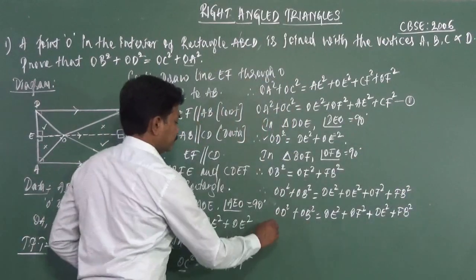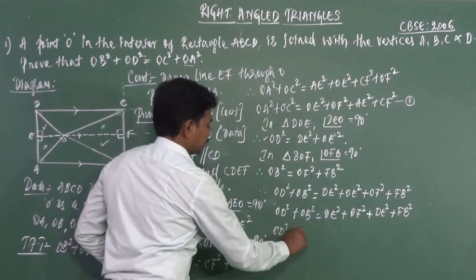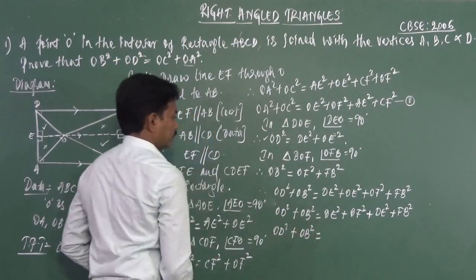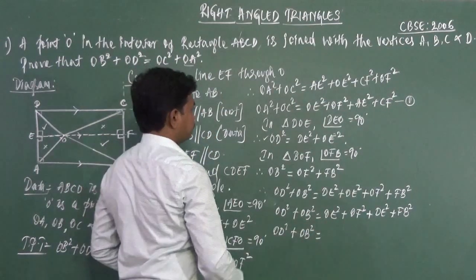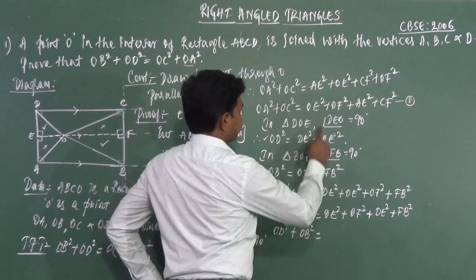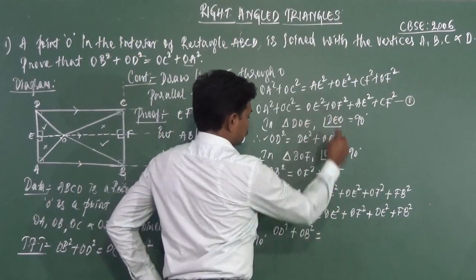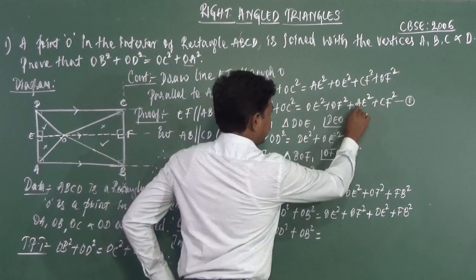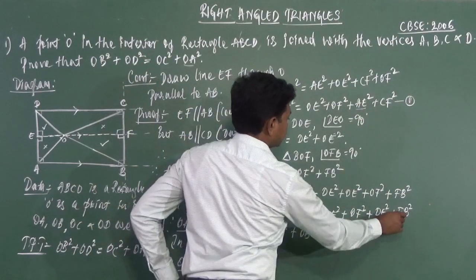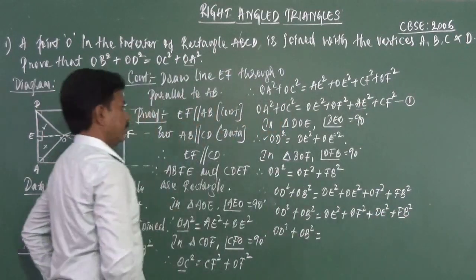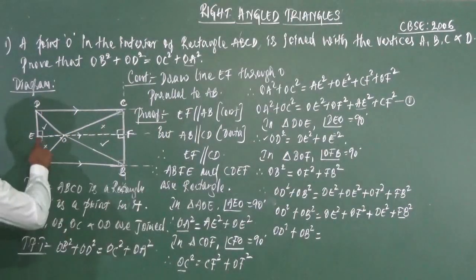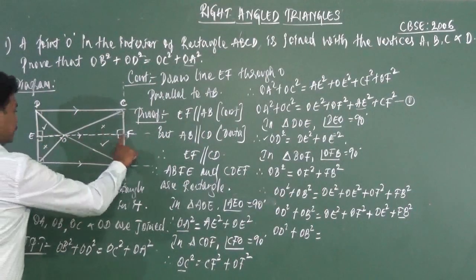So now very simple. OD square plus OB square is equal to OE square plus OF square, the same thing repeats here. AE and FB we will have to check. AE is here and FB is here.